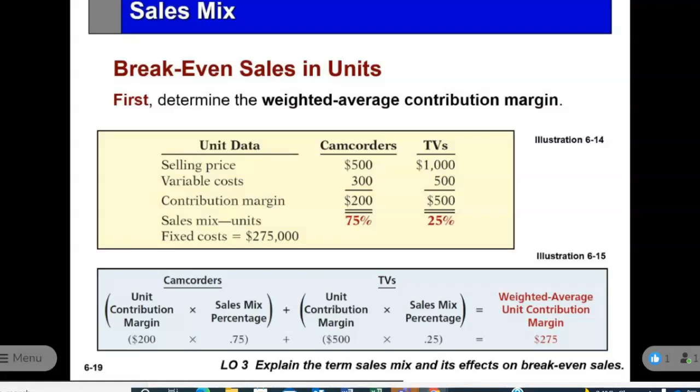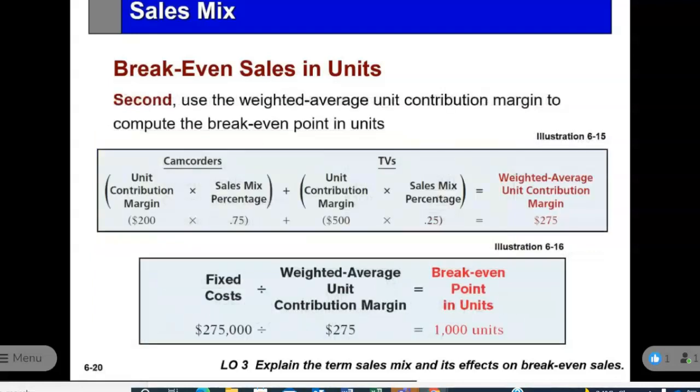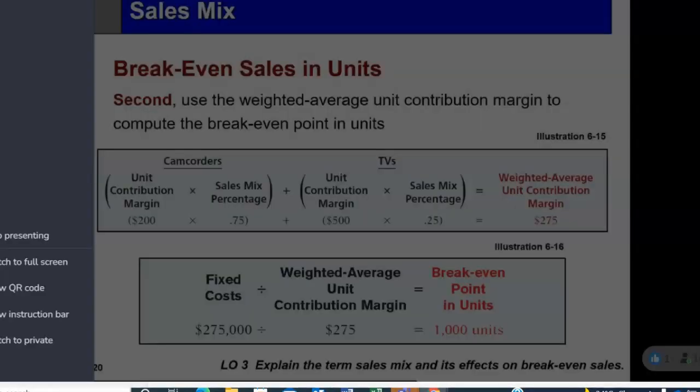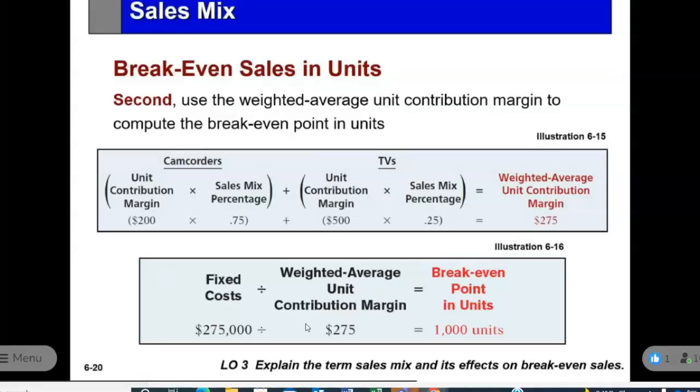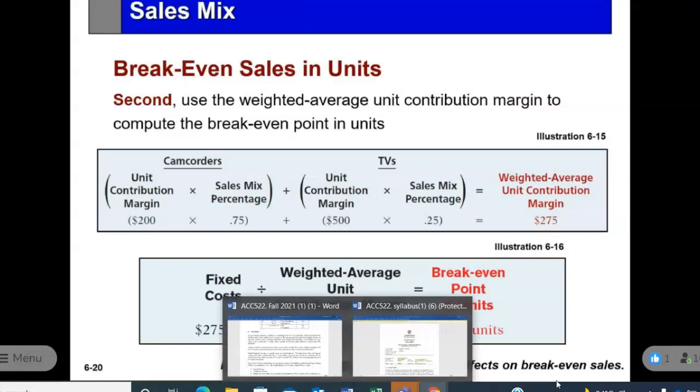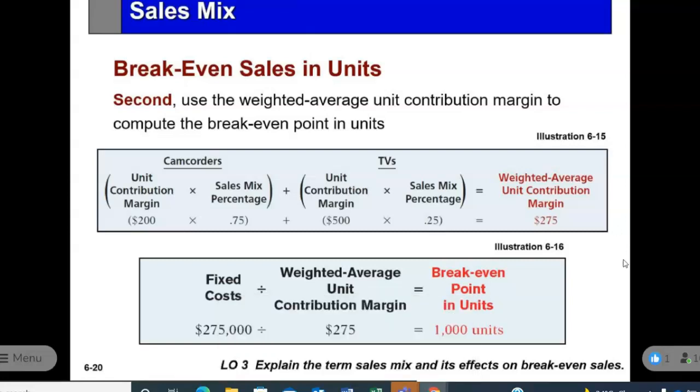We can proceed to determine the break even in units because this weighted average is a unit contribution margin. So we simply take the fixed cost, 275, divided by the weighted average unit contribution margin, that gives me 1,000 units.